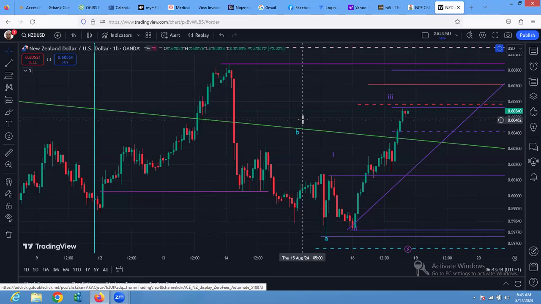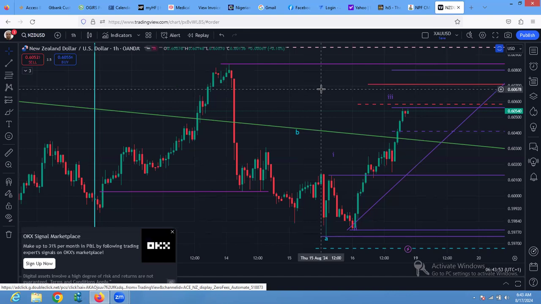And that's one thing you've not learned and you've not seen, so in a very impulsive structure, your 2 can be 38. Then, of course, at least modestly, we can expect a 50. And if it gives us a 61.8 or 76, it's a bonus for us. So we should always be looking out for that.